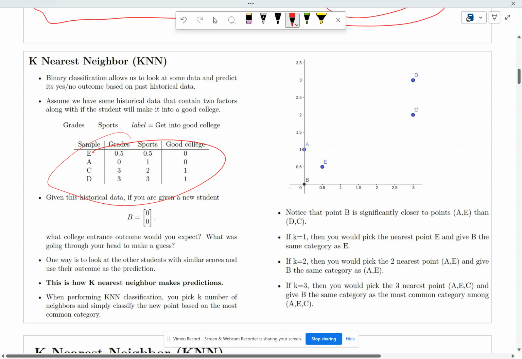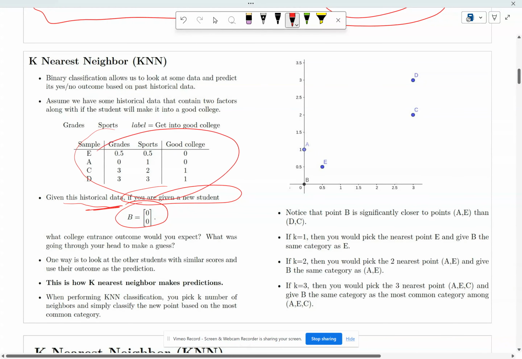Again, I just made this data up. It has nothing to do with reality. Given this historical data, you're given a new student, 0, 0. How can you look at the previous data and conclude whether the student is going to go to a good college? That is, whether the output is 0 or 1.